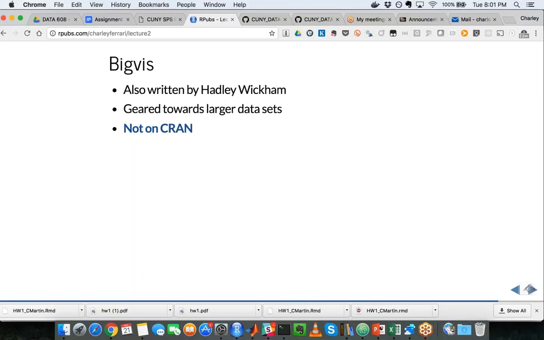Like I mentioned in the past, these depend on, I believe, also the Rcpp package. If I'm not mistaken, you're able to install that using install.packages also. But one of the key features of BigViz is it's meant to deal with these larger data sets, and it's using what's called the Rcpp package. It's written essentially leveraging the power of C++, which, being lower level, allows you to more efficiently work with large data sets.